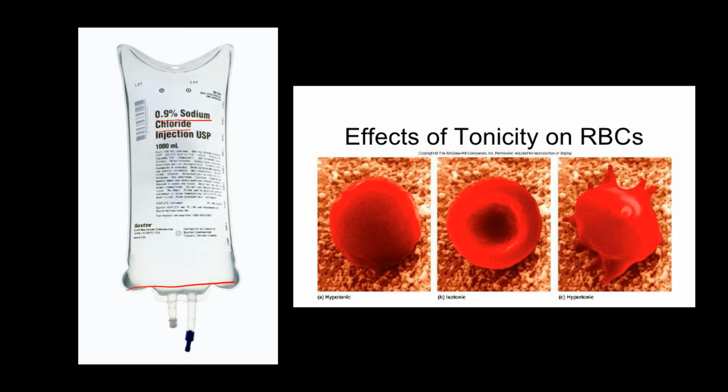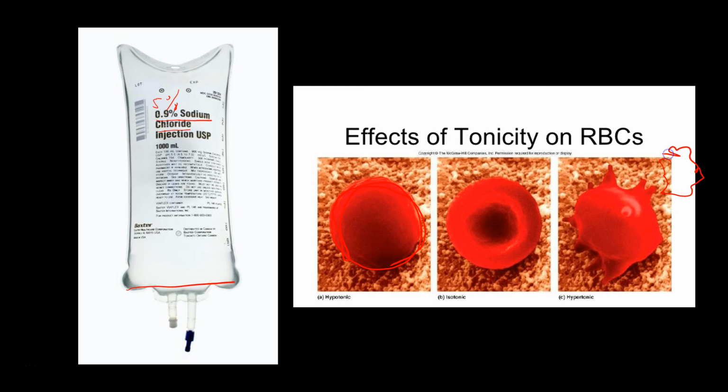Because if they were to put a hypotonic solution into your veins, where there's no sodium at all, your red blood cells will swell up. Okay? What if they were to put a hypertonic solution? Let's say they were to put like 5% sodium in that bag. What would happen to your blood cells? Well, your blood cells would actually shrivel up.